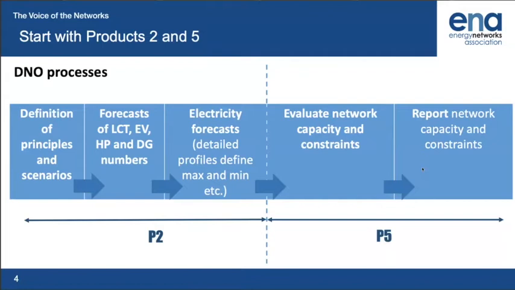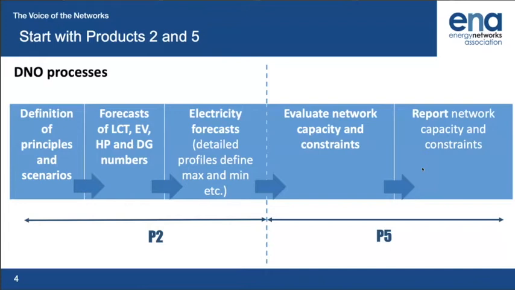In product 5, we take those forecasts, those scenarios, and start to apply them to the actual physical networks, and work out where there may be limitations or constraints going forward.